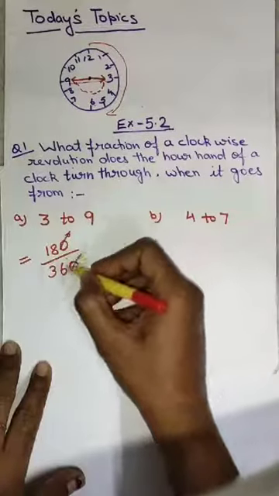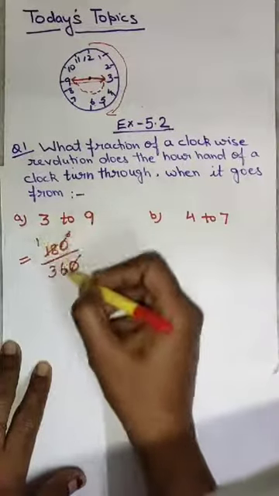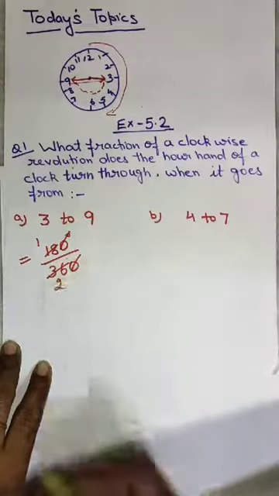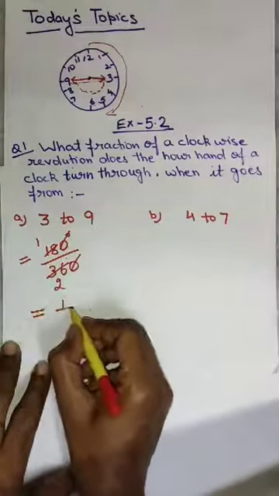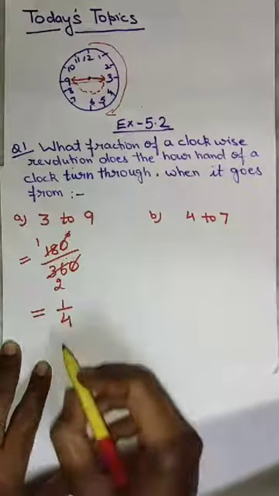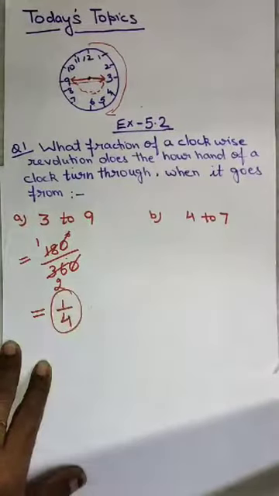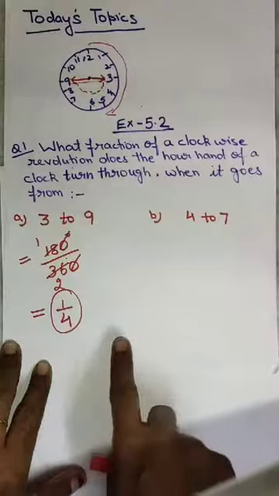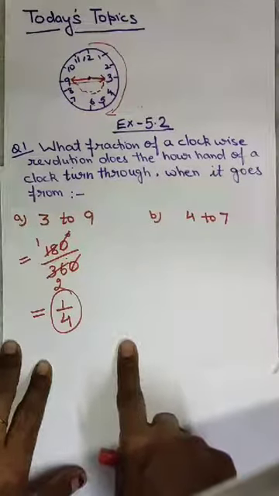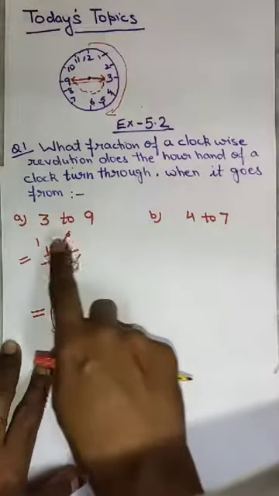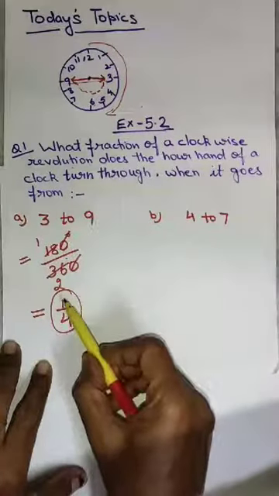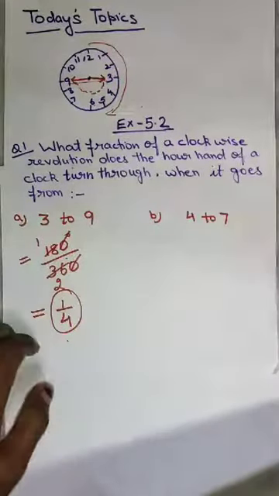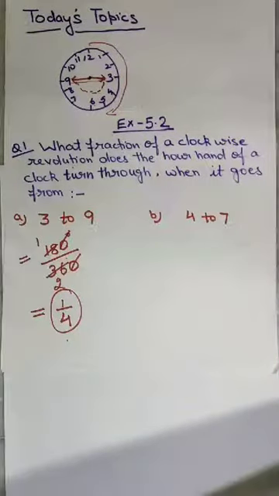Zero cancels zero, 18 ones are 18, 18 twos are 36. So what is the fraction we get here? 1/4. This is our answer. That means when the hour hand of a clock turns from 3 to 9, it covers 1/4 of the fraction.